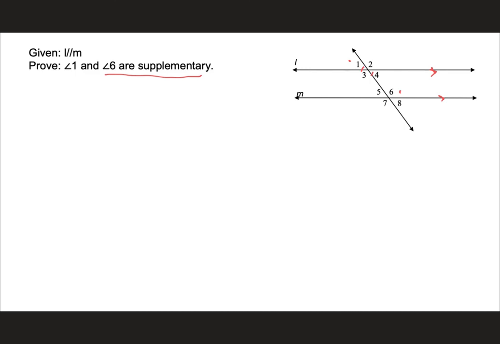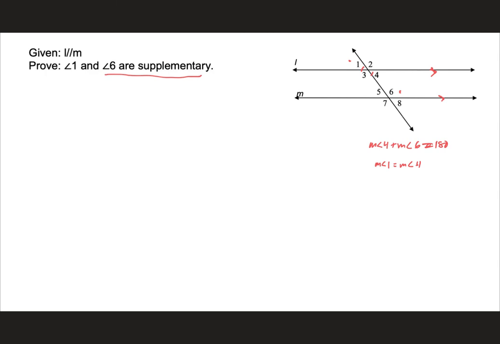I'm going to say that angle 4 and angle 6 are supplementary due to, so take my notes, the measure of angle 4 plus the measure of angle 6 equals 180. And I know that because of the same side interior angle theorem. And then I know that the measure of angle 1 is equal to the measure of angle 4 because of the vertical angle theorem.